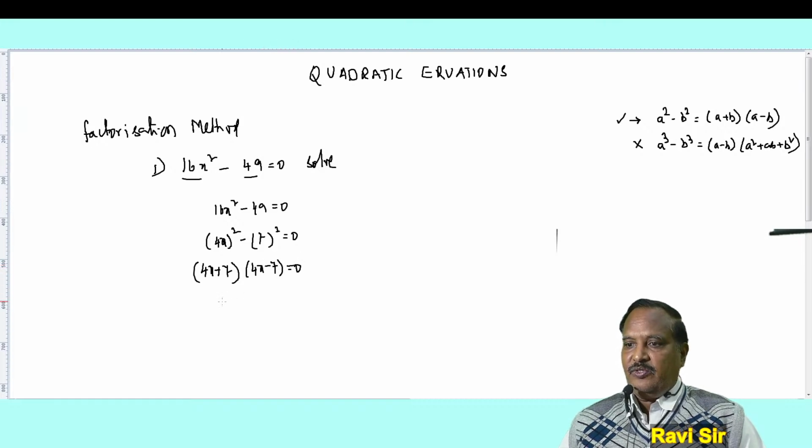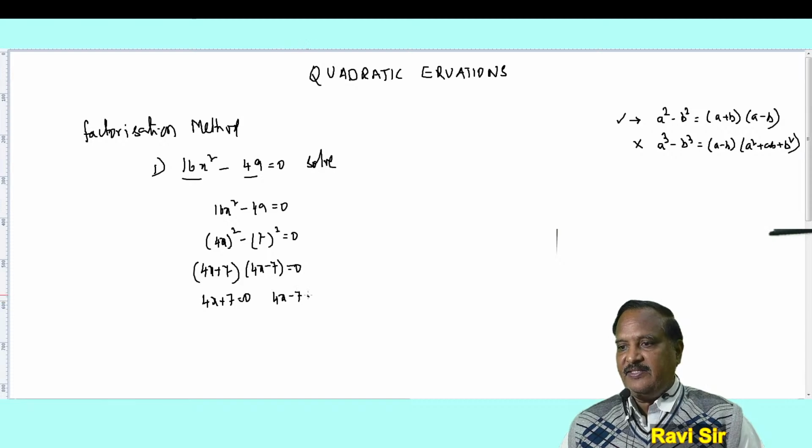Okay, so now 4x plus 7 is equal to 0 and 4x minus 7 is equal to 0.